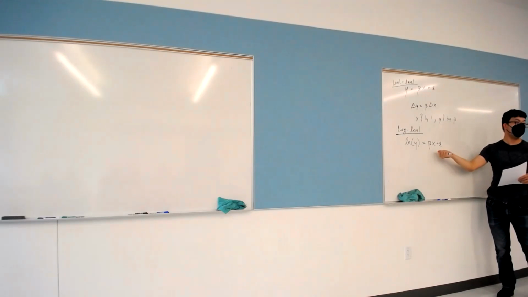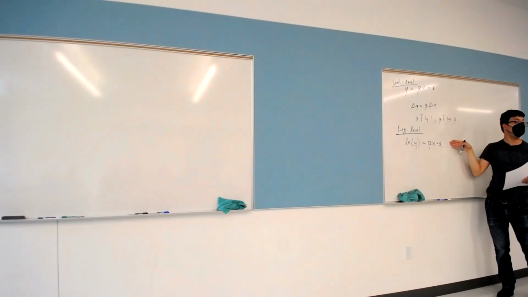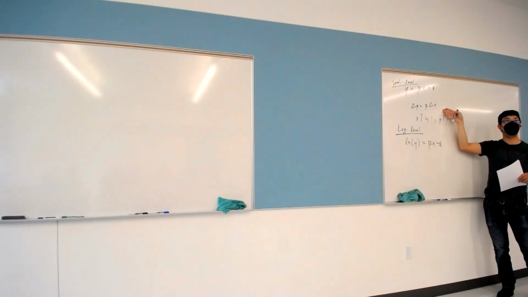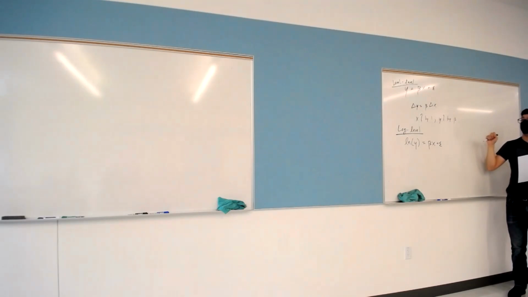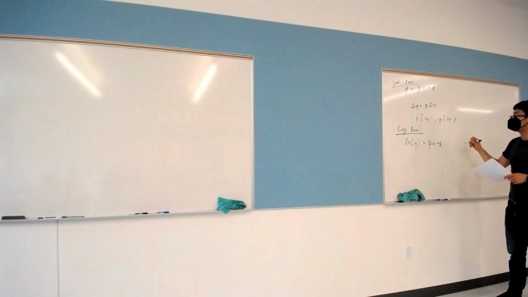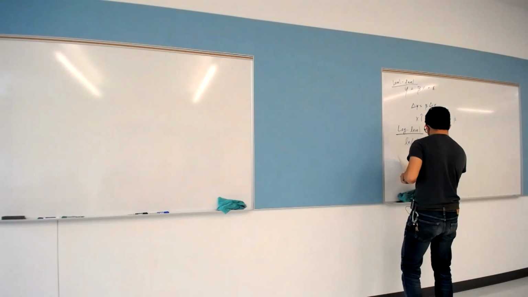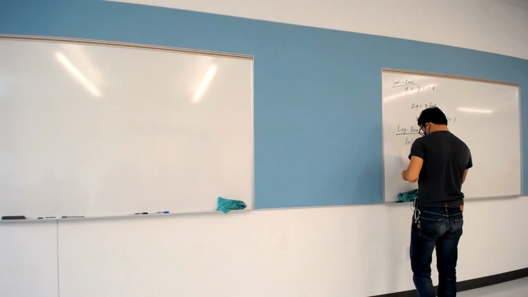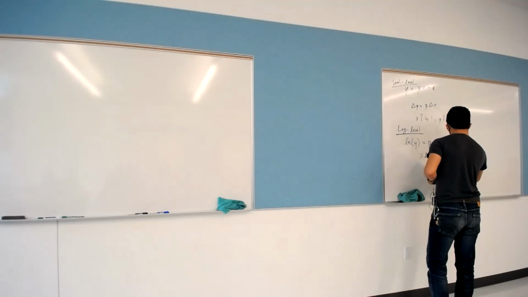Does anyone know how to interpret this in the analogous way that we're doing here? Okay, in this case, the way you can interpret this is that a percent change in y is equal to 100 beta times my change in x.